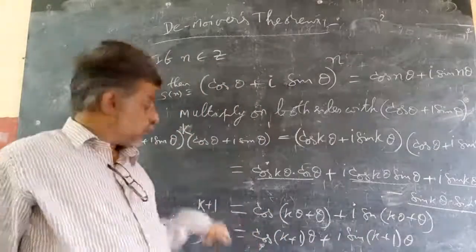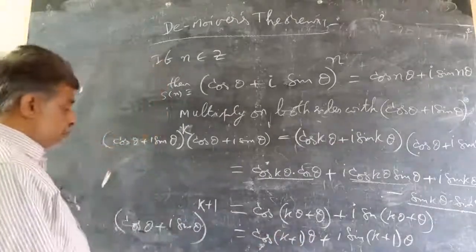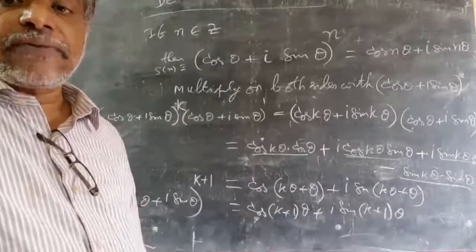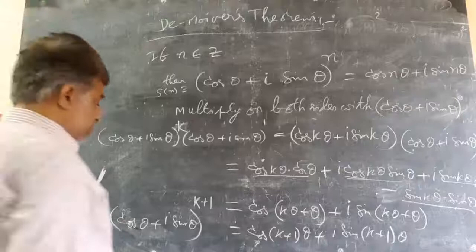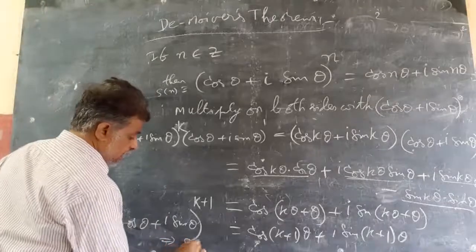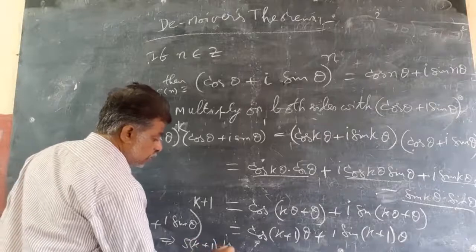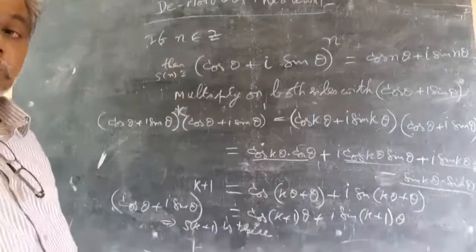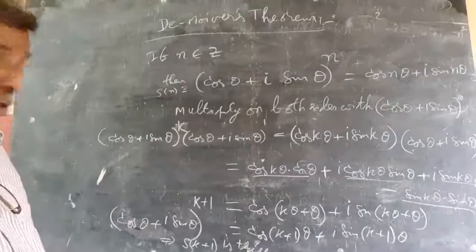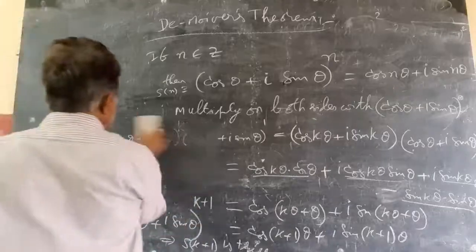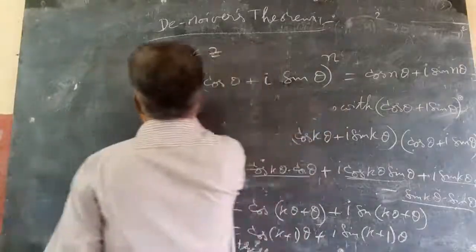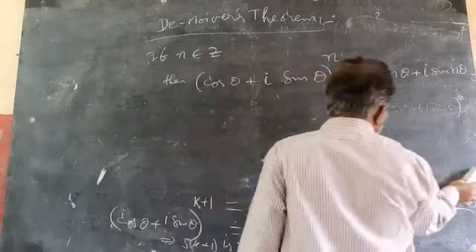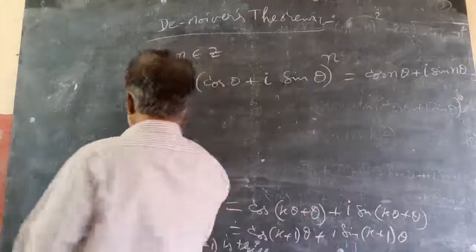I proved this. Therefore S of n is true for n equal to k plus 1, which implies S of k plus 1 is true.